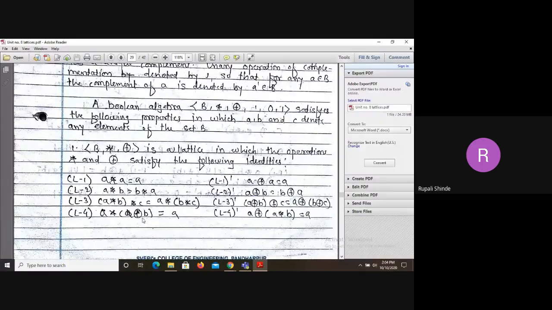A star, A XOR B, equals A. Now we can change the sequence of these operations: A XOR, A star B, equals A. All these 4 properties we have seen with proofs in the lattice. I think you don't have any doubt regarding these 4 properties.